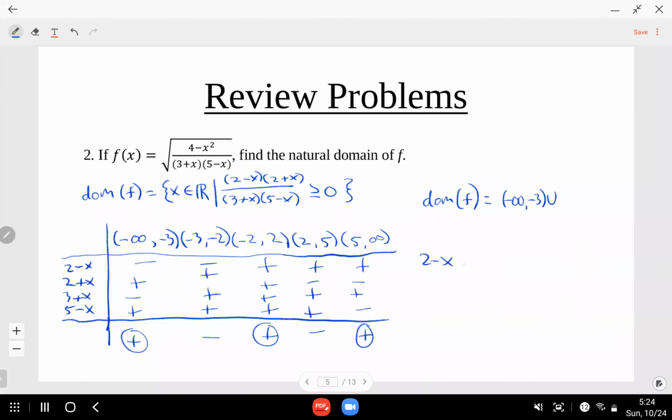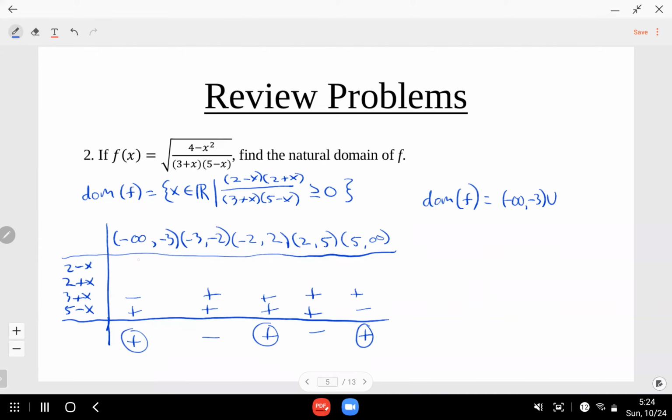So 2 minus x is greater than 0. Then negative x is greater than -2. Then x is less than 2. So when x is less than 2, oh, yes, I got this wrong. Hold on. Thank you for reminding me, Edward.